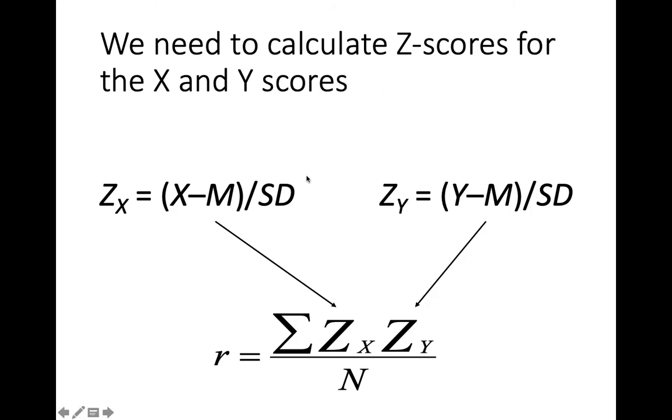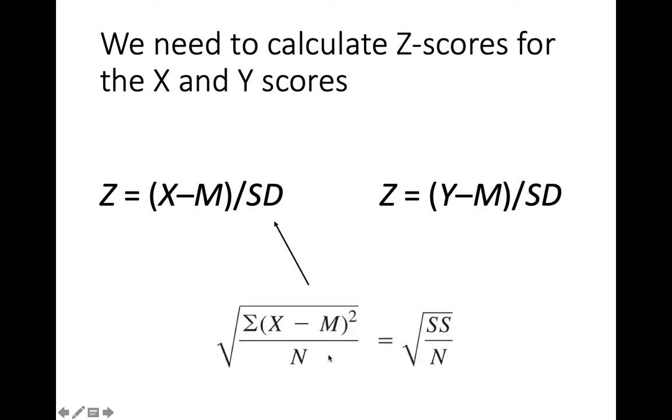This is why it's great to be teaching correlation at this point: it helps us review many of the concepts that we already had. How do we calculate a standard deviation? Let's remember this formula as well. We're taking the deviations from the mean, squaring those deviations, summing, dividing by the number of scores, and then taking the square root. So a variance is the sum of the squared deviations from the mean divided by the number of scores, and the standard deviation is the square root of the variance.